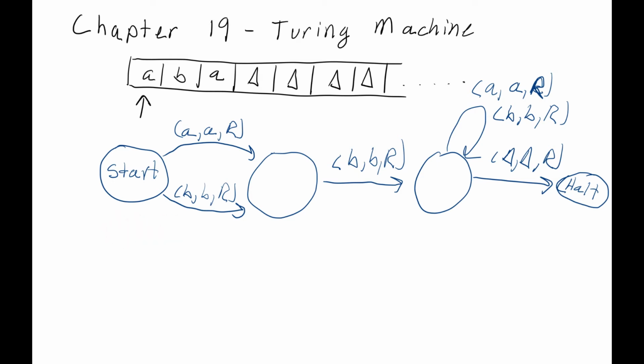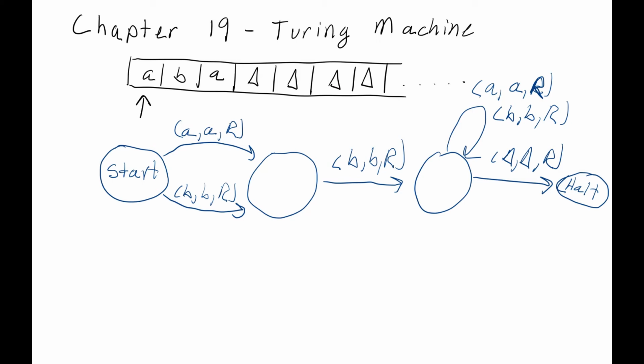The other option is we could go into an infinite loop and never halt, and that means the word is not in the language. And another way to say the word is not in the language is to crash. So if the machine crashes, either by moving off the left end of the tape or by not having a path to follow, then the word is not in the language.